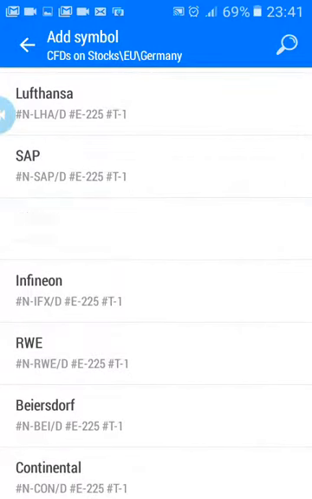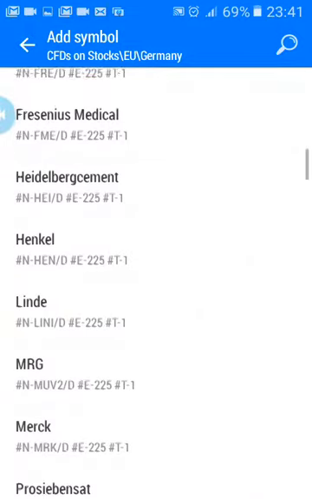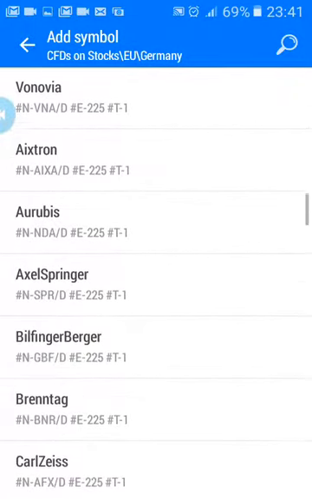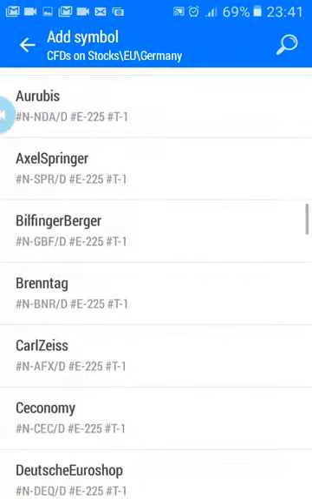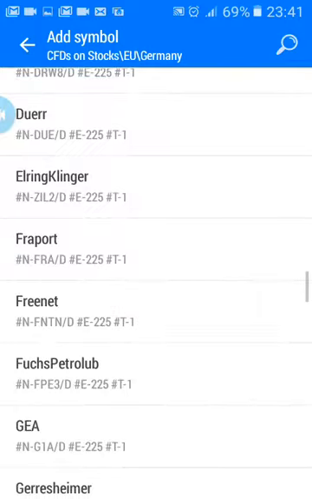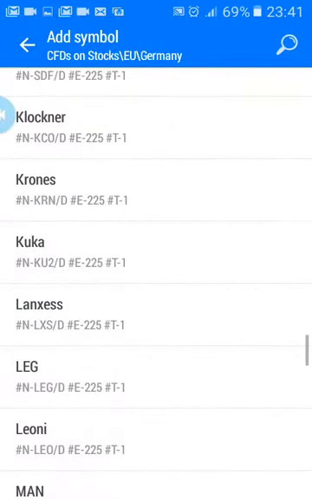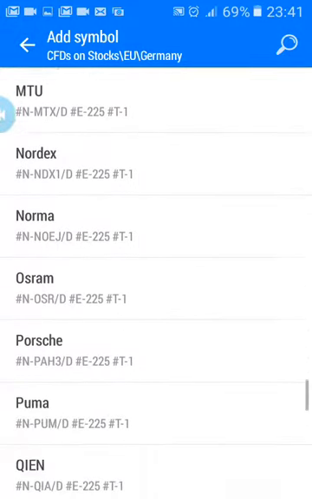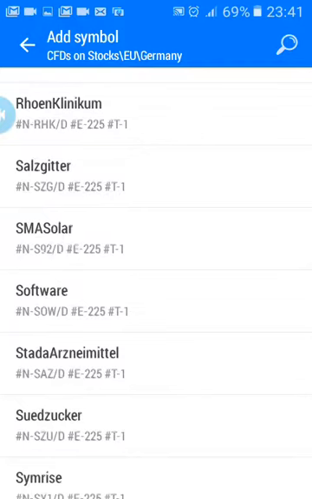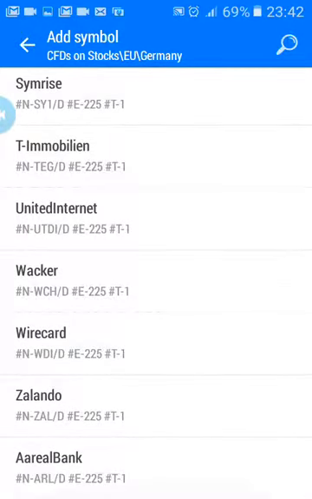Siemens also, they offer a lot of CFDs in car companies also. So I like it. I like it a lot. I bet most of us didn't even know most of the well-known car companies are not only from the United States. Even Germany has produced a lot of cars, you know, and cell phones and so forth. SGL, I know this one. Okay, let me see. I think I'm done here.